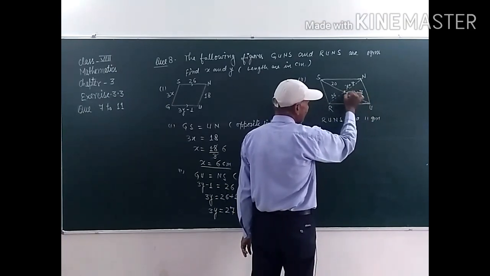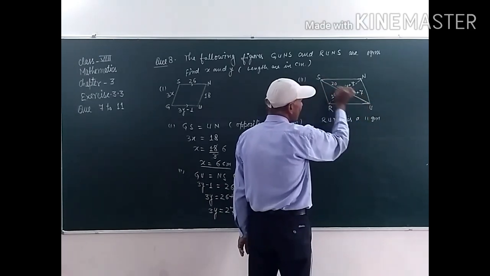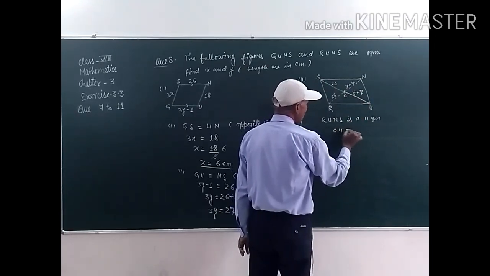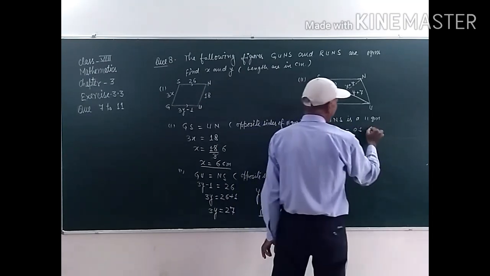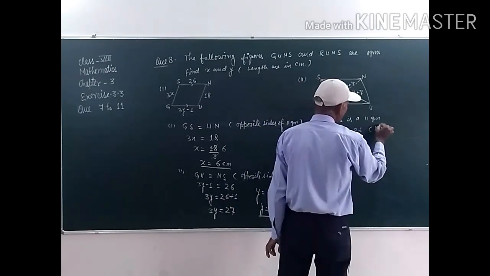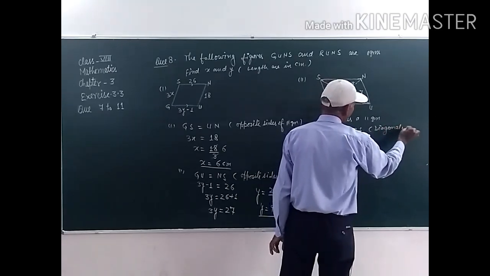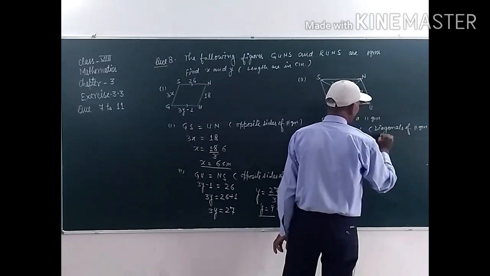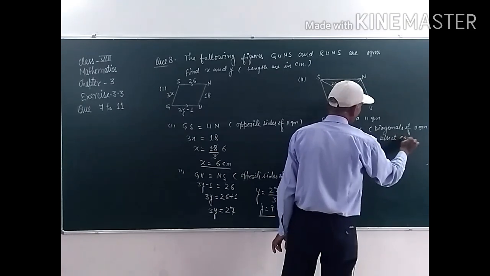Then OU, this length, this one is one part of diagonal SU. So OU is equal to OS, diagonals of parallelogram bisect each other.